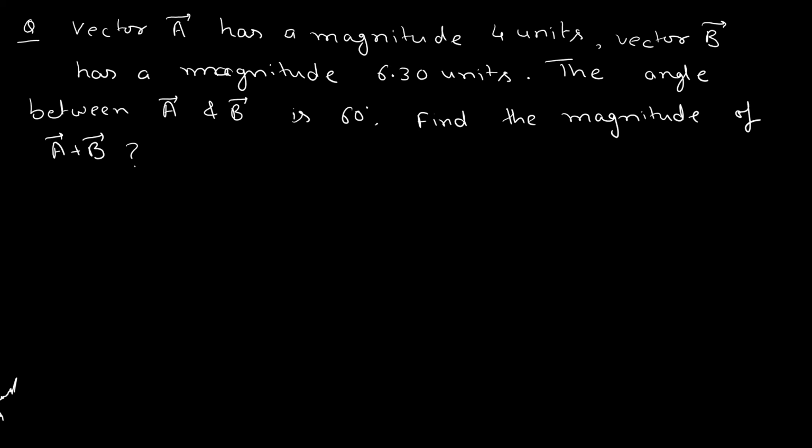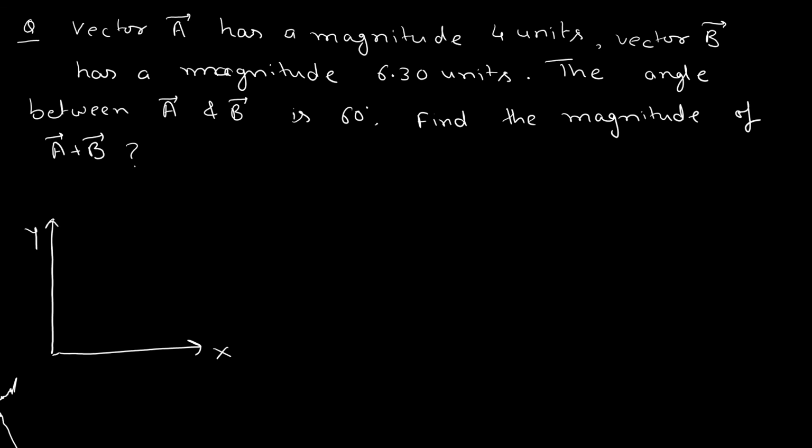For this, firstly we'll draw our diagram for these vectors. Suppose we have this x-axis, and the angle between these two vectors is 60 degrees, and here we have our y-axis.